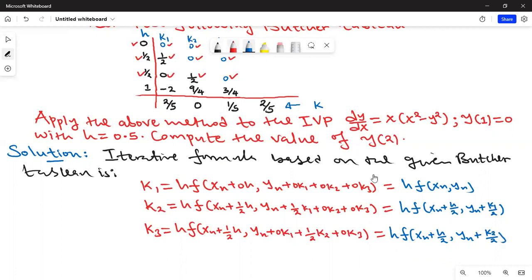And finally, the fourth row will give us k4, which is equals to h f of xn plus, what are we adding? It is 1 times h, comma, then yn plus negative 2k1, followed by 9 over 4 k2, followed by 3 over 4 k3.